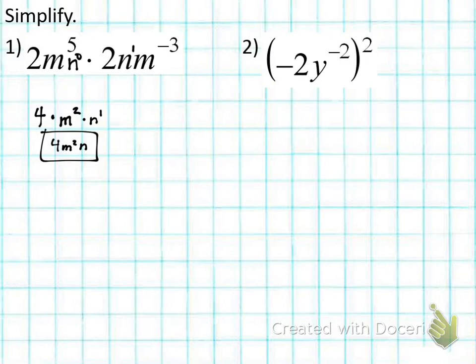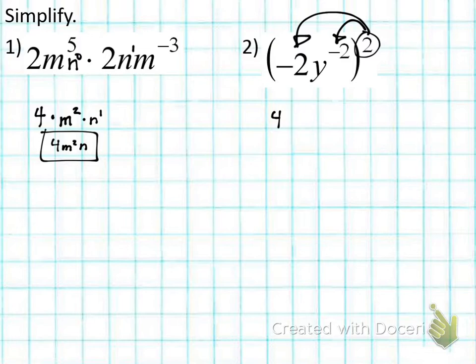We got negative 2y to the negative 2nd raised to the 2nd power. We got this 2nd power over here on the top right. We need to distribute it into each of the subsequent terms. So we got negative 2. Negative 2 squared is like saying negative 2 times negative 2, which is positive 4. Then we got y to the negative 2nd raised to the 2nd.